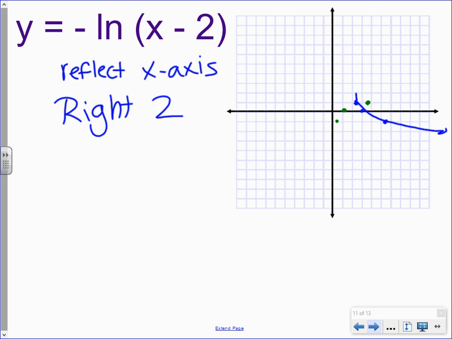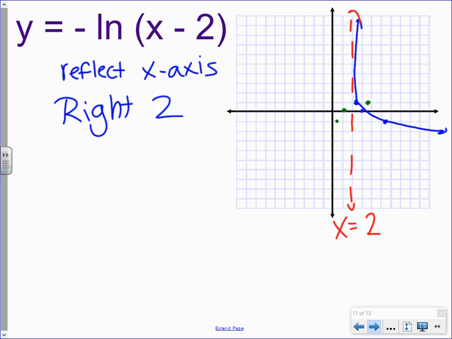Since we have a shift to the right 2, our vertical asymptote also gets shifted right 2. Okay. I really want you to focus on the logarithmic graphs that have whole number bases. Okay, that's what you're going to have to graph on Friday's quiz and next Thursday's test.